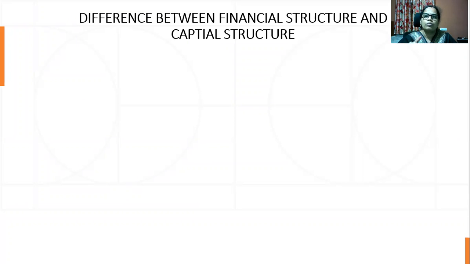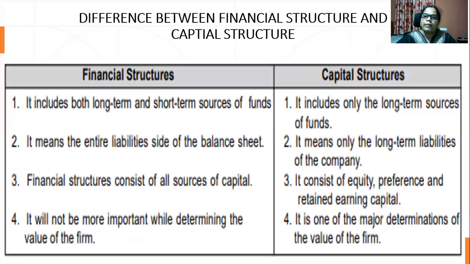Now, what is the difference between financial structure and capital structure? Capital structure, as discussed, includes only the long-term sources of funds, whereas financial structure includes both long-term and short-term sources of funds. As discussed, capital structure means only long-term liabilities of the company or a firm.